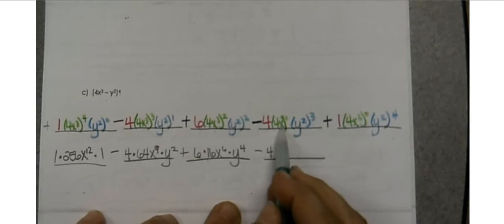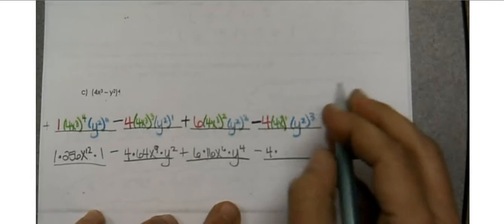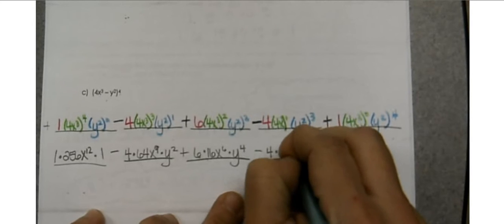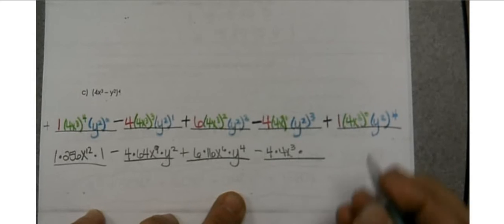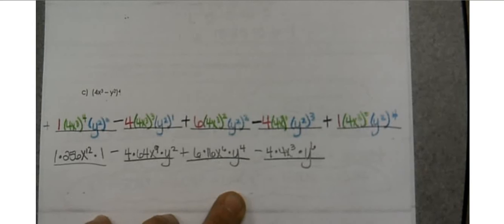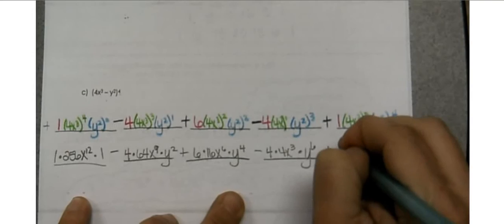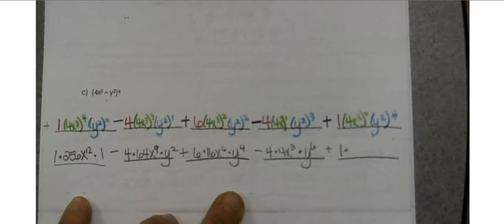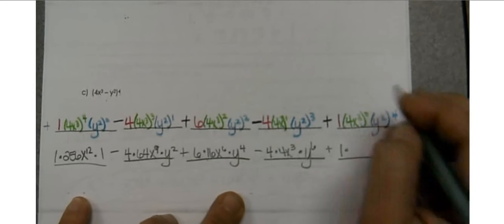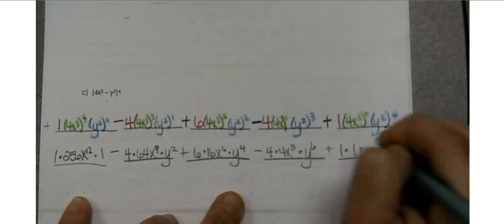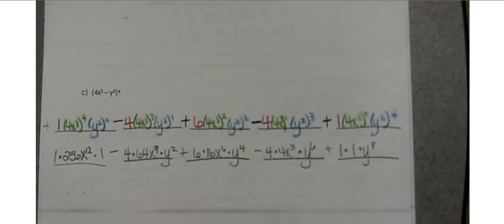This was supposed to be 4x cubed to the first, which is just 4x cubed. Y squared to the 3rd is just y to the 6th. Last term, I have 1. 4x cubed to the 0 is 1. And y squared to the 4th is y to the 8th.